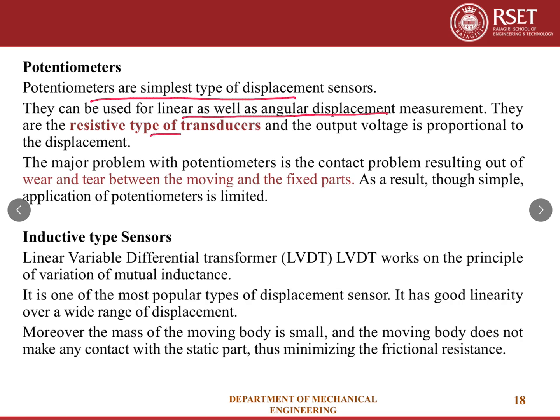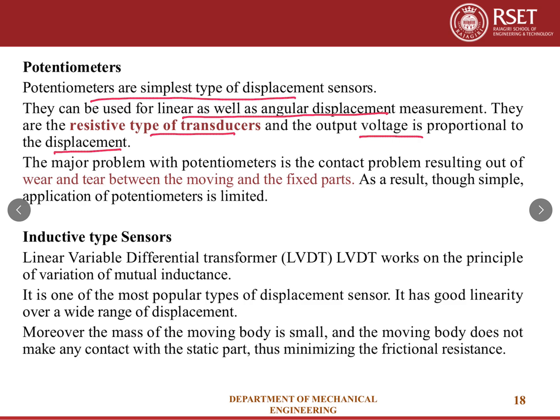They are resistive type of transducers, and output voltage is proportional to the displacement. That means the output of the transducer is based on the resistance variation, and the output is voltage, which is proportional to the displacement.